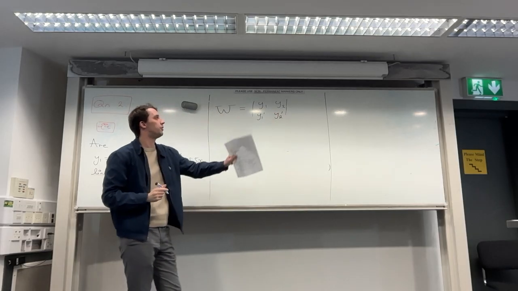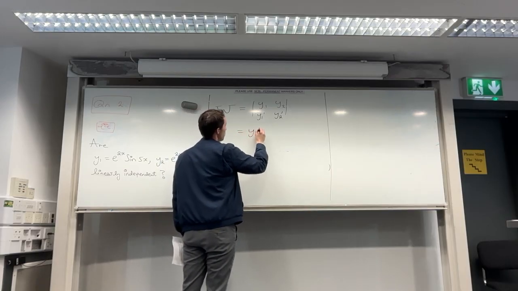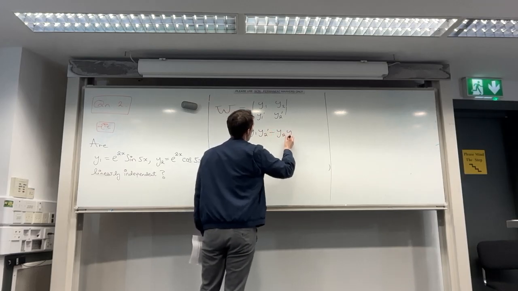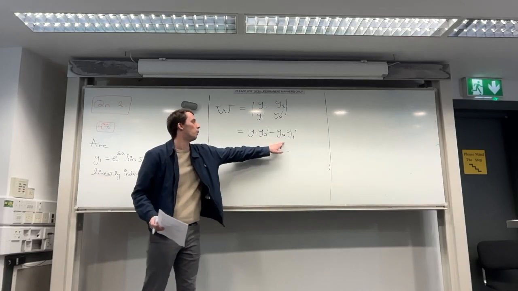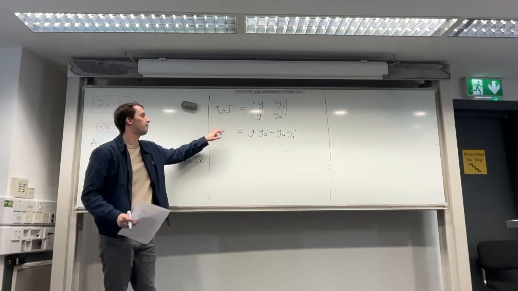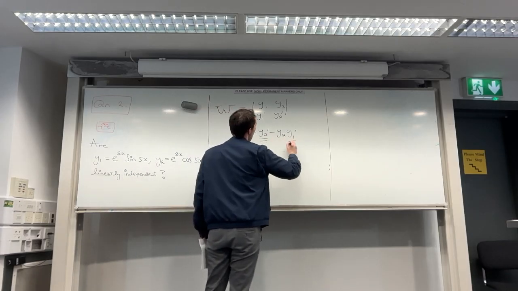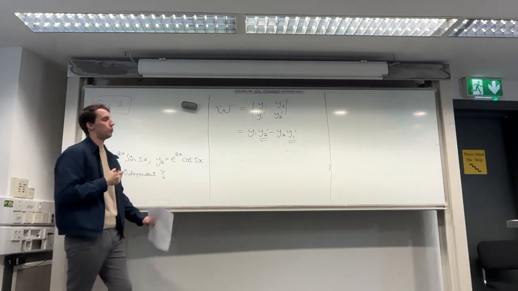Working out this determinant, the Wronskian is equal to y1 y2 prime minus y2 y1 prime. Here we need to substitute in y1 and y2. Before we do that, we're going to work out the two derivative terms, y1 prime and y2 prime.